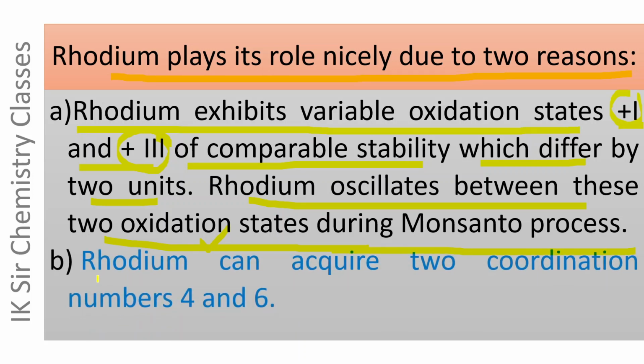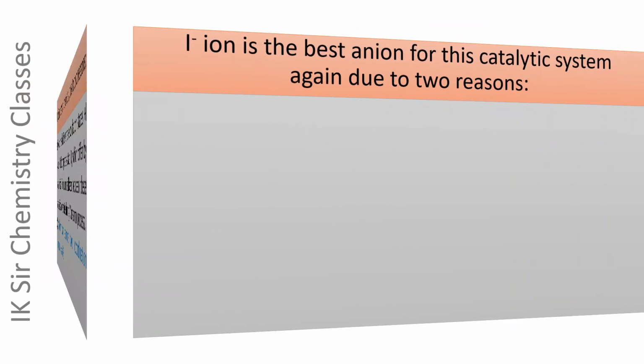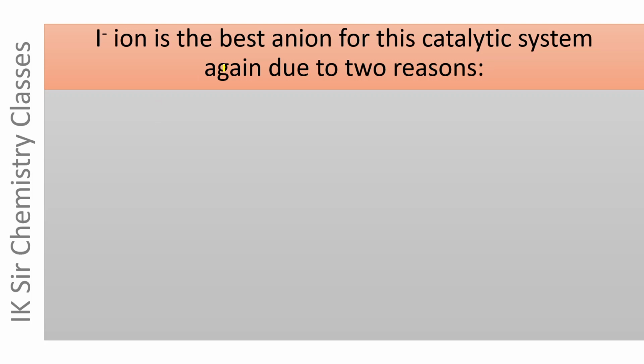And at the same time, rhodium can acquire two coordination numbers 4 and 6. And due to these two reasons, rhodium plays its role nicely during Monsanto process. I- ion is the best anion for this catalytic system, again due to two reasons.